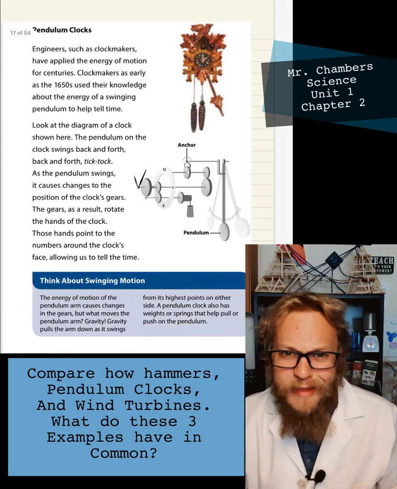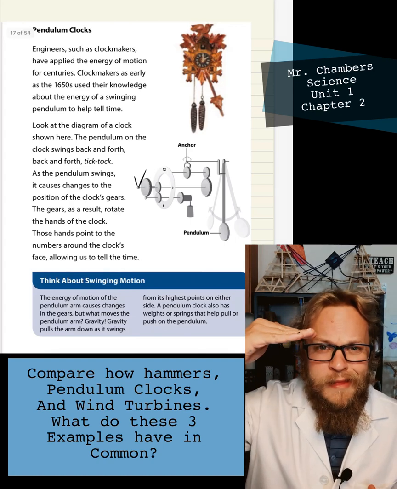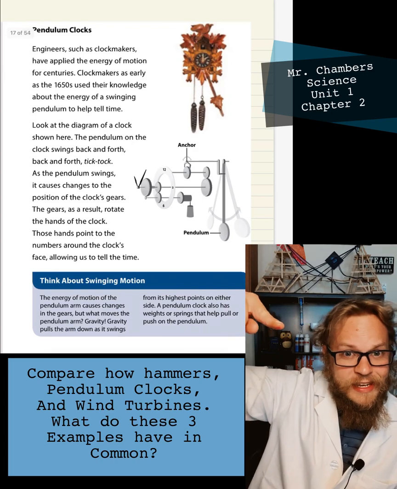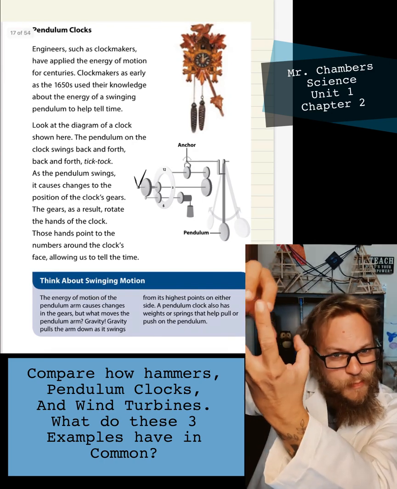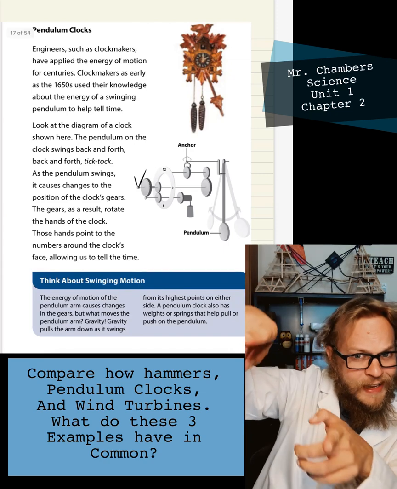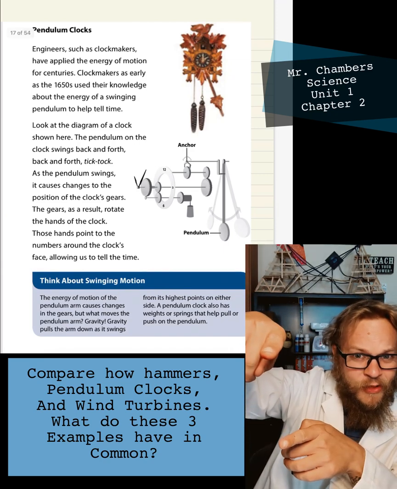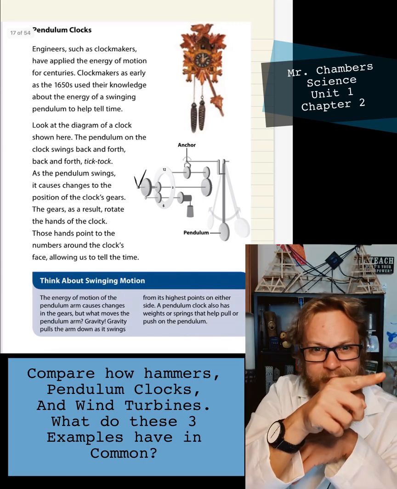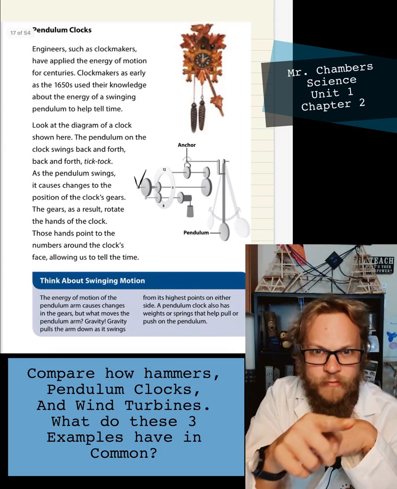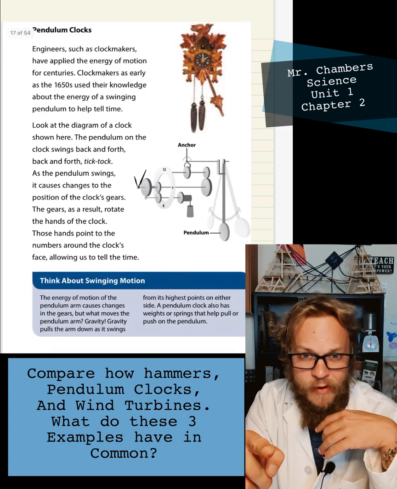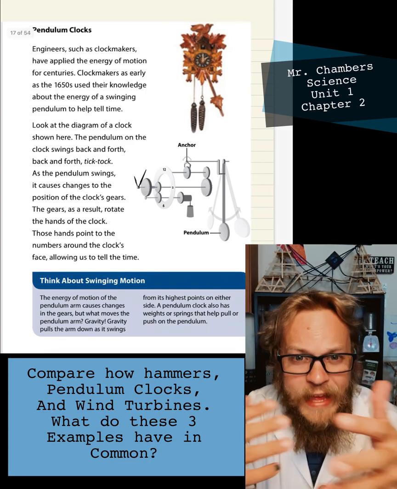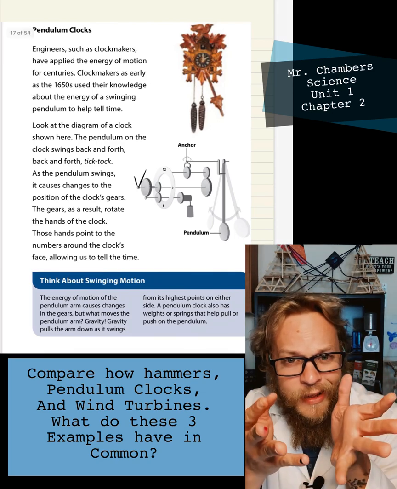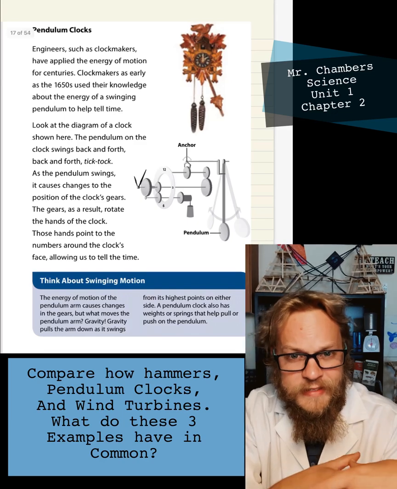So gravity, the energy of position, when it's at its highest position, it's got more gravity that wants to pull it back down, more stored energy, and it doesn't hold there long, but it releases and swings to the other side, and it swings back and forth, back and forth, back and forth. It's a way in which humans are using energy and motion to help us.